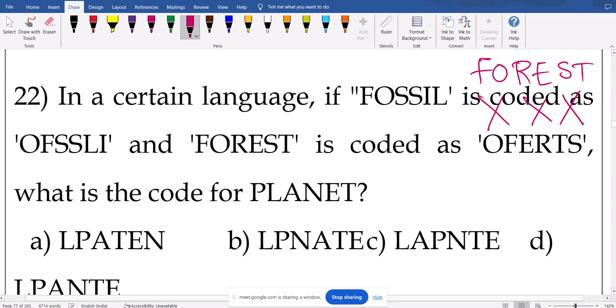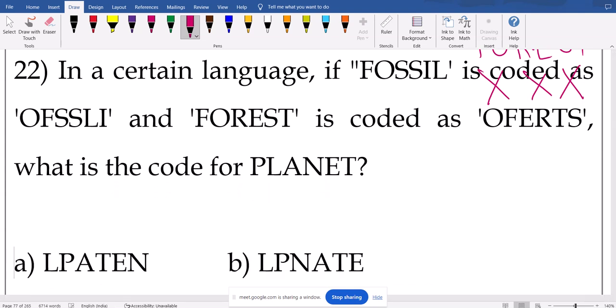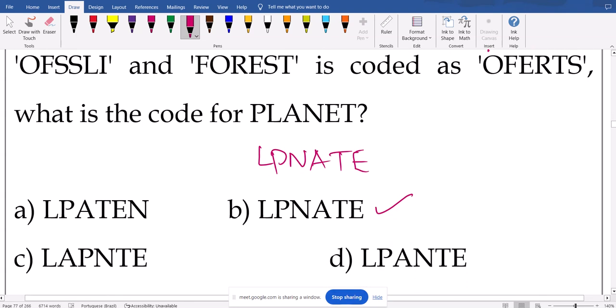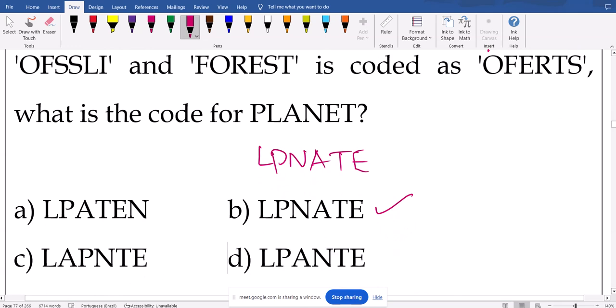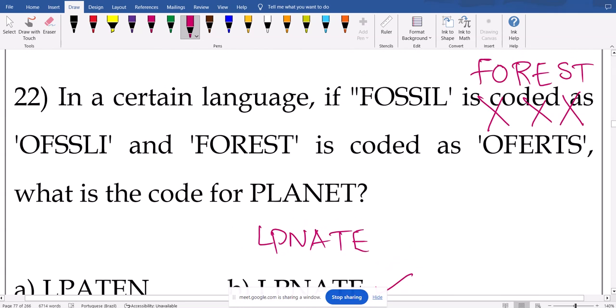So planet swaps to LP, NA, and T. With LP, NA, T we have only option B. So two-letter swapping is what they did. This is not alphabetical order logic, it is two-letter swapping. Simple.